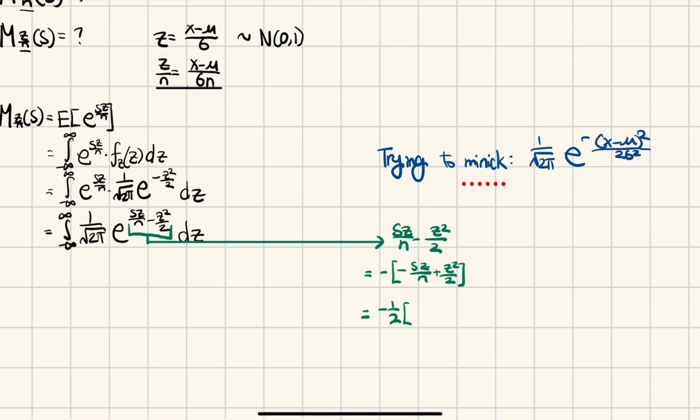Because if we find something of this format, then taking that integral would just be 1, right? Because this is the PDF of a normal distribution.